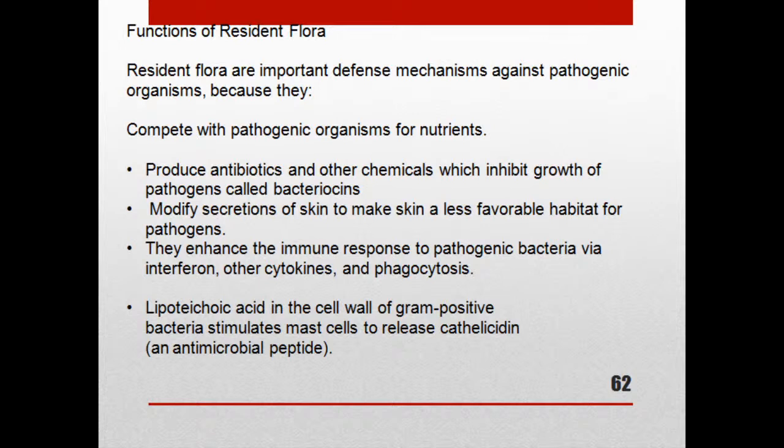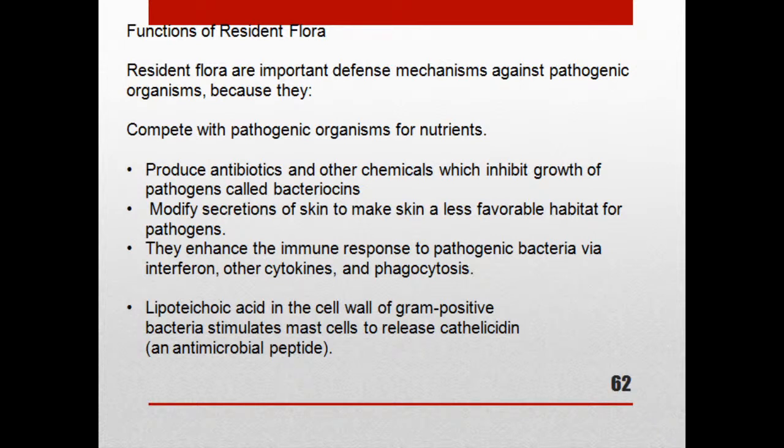They modify secretions of the skin to make skin a less viable habitat for pathogens. They enhance the immune response to pathogenic bacteria via interferon, other cytokines, and phagocytosis.